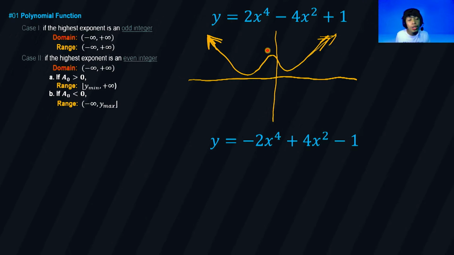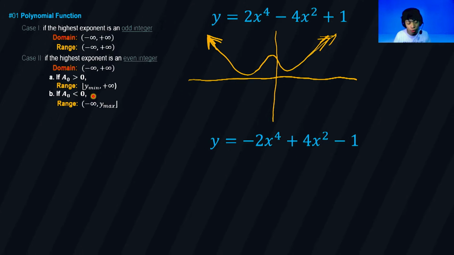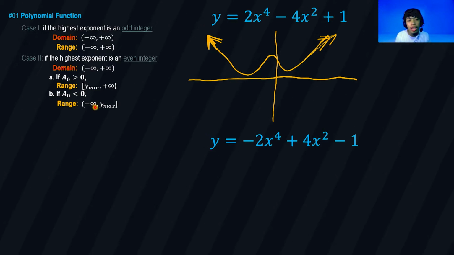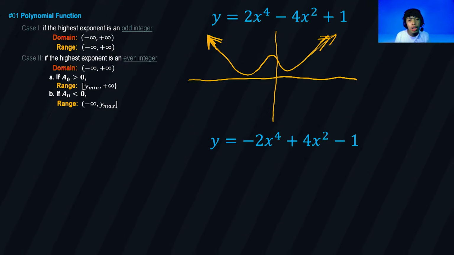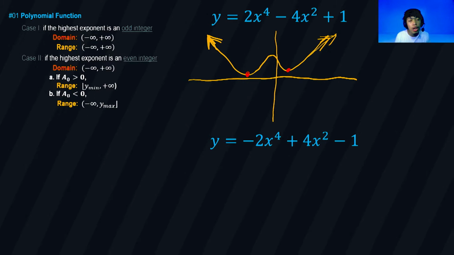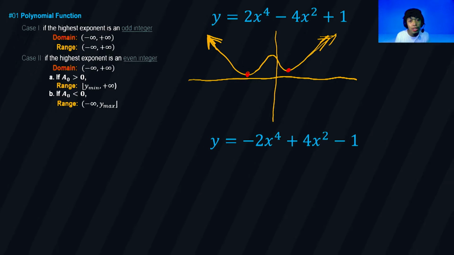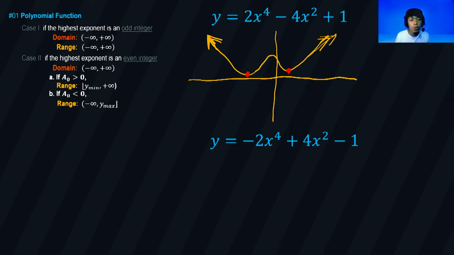But your range would start at the minimum value of y. Ano ba yung minimum value na yan na sinasabi? That minimum value of y is actually this one. Whichever has the lower value. Okay? So this point or this point, whichever has the lower value.